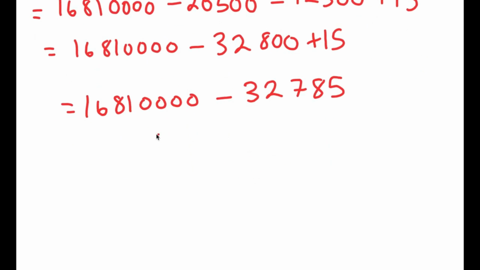So now I have 16,810,000 minus 32,785, and this is equal to, I'm actually going to write this like this.